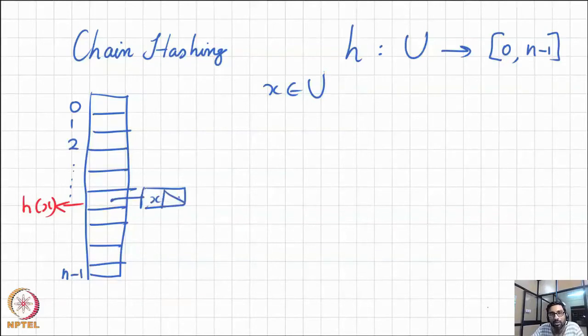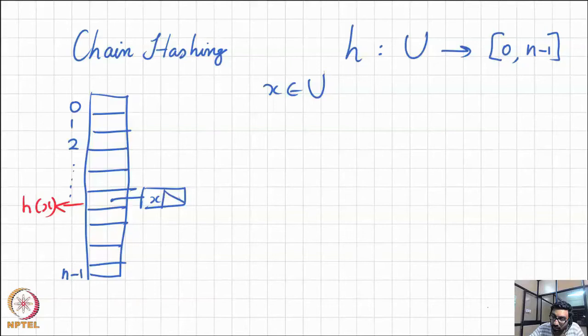But eventually we are likely to find some other item that's also going to hash into the exact same location. So what do we do at that point in time? We simply extend the list of items stored in that particular location h of x. And how do we do that? Well, we just maintain a linked list.